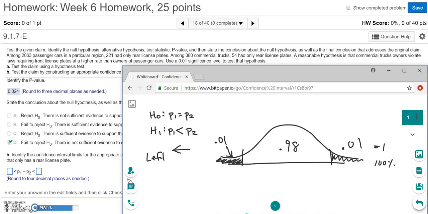You can think of this as 1%, 98%, and another 1%. Same idea. So the confidence level that I need in order to produce a confidence interval that will correspond to this particular hypothesis test will be 98%.